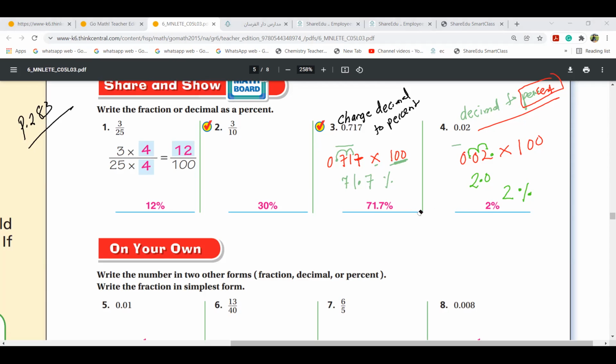Grade 6. No. Did you write this yet? I'm on the question. Okay, yalla, do it. Finished.